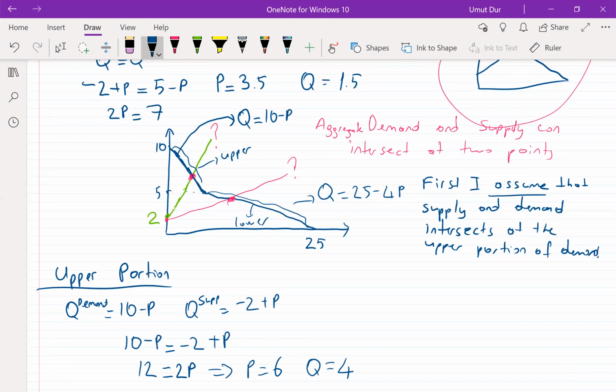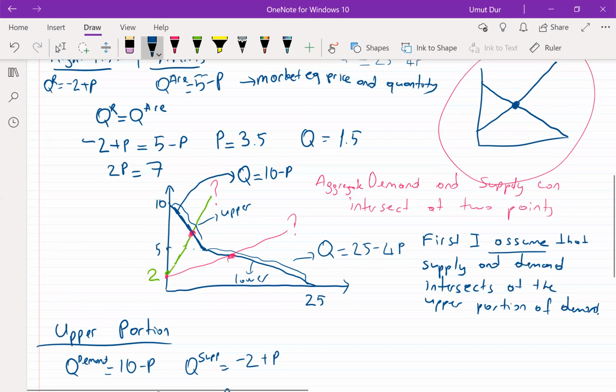Perfect. So if my assumption is correct, this is 6 and this is 4.